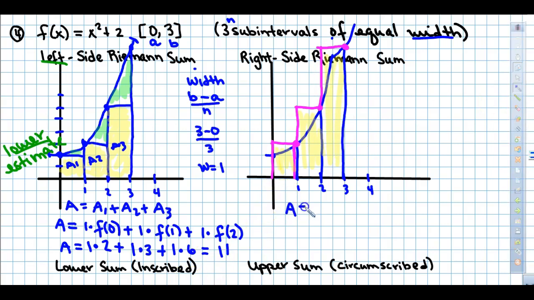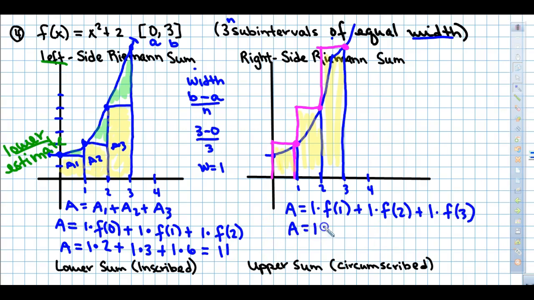Okay, I'm going to say for this area that the width is 1 times the height, which is f of 1, plus the width of this one, 1, times the height of this rectangle, which is f of 2, plus this rectangle, the width is 1, times its height is f of 3.